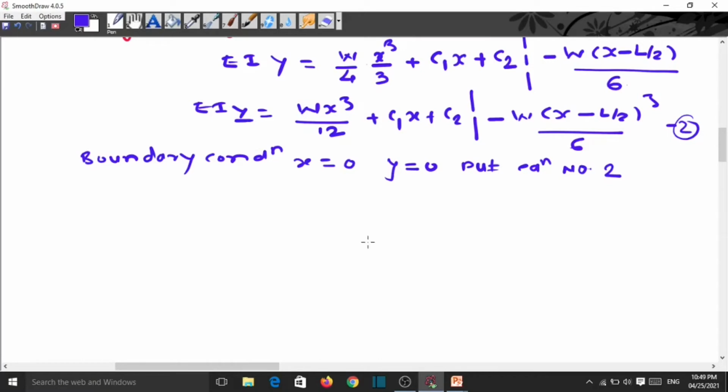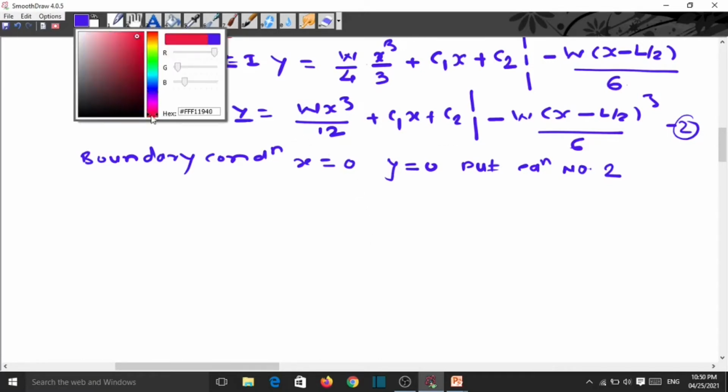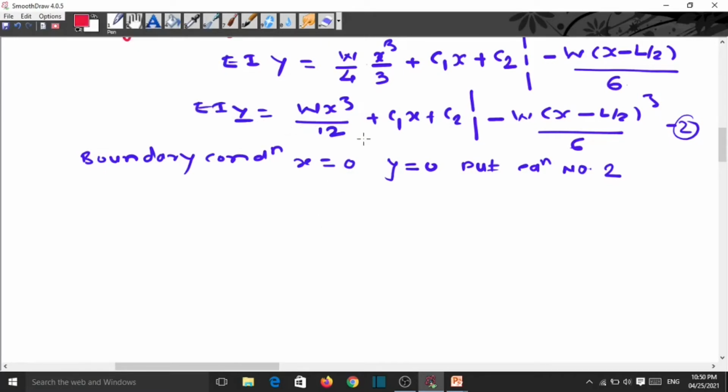That is why I have to put the value here. When x is equal to 0, the first section is limited from x equal to 0 to x equal to L by 2, and beyond this, L by 2 to L, is the second section.